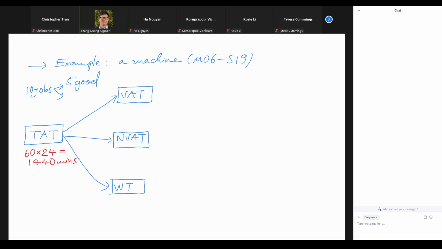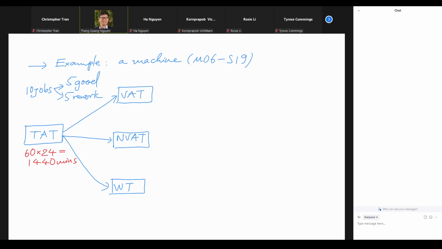But beside those 5 good jobs, there are 5 rework jobs, meaning that we did it the first time, but we failed, and then we have to do it the second time, right? So, and here's the thing. Now we can break down each of the 3 categories here in further details.